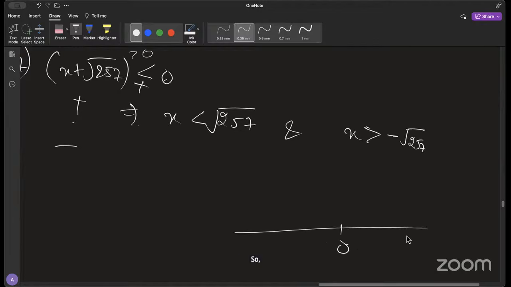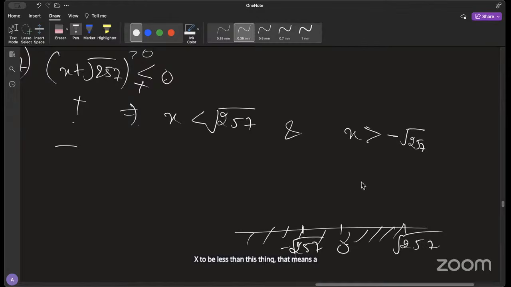So if this is 0, square root of 257 here, minus square root of 257 here, you want x to be less than this thing, that means here, and x to be greater than this thing, that means here. That means you want x to be between these two, right?